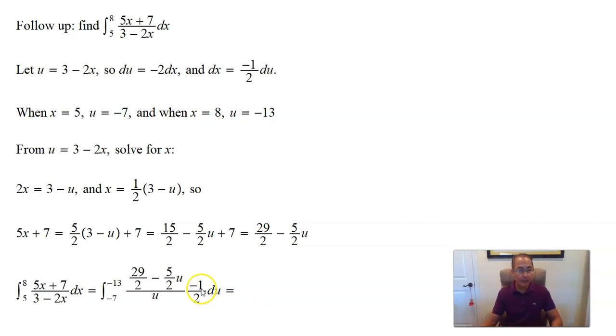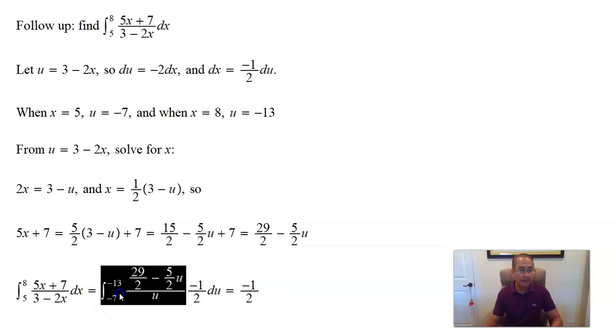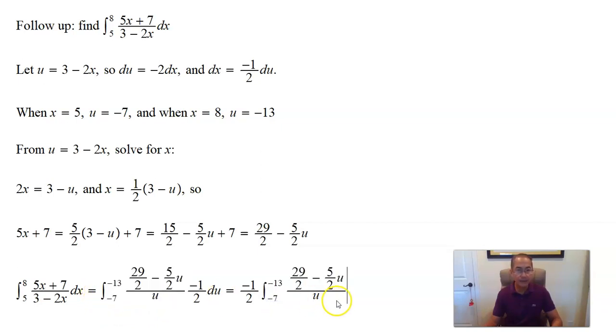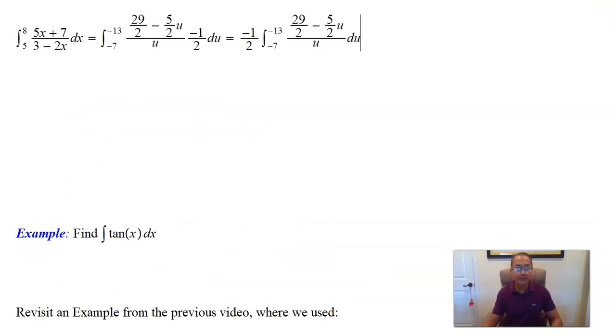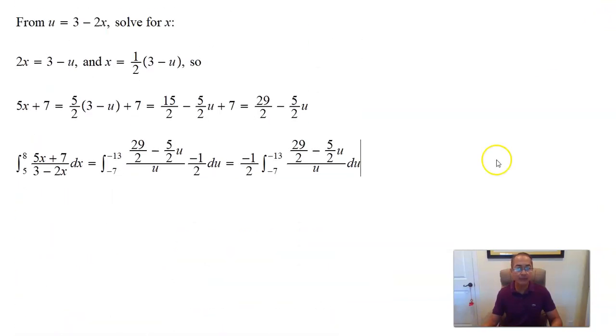Now, again, we can take the minus 1/2 outside, and we will have this du. But before we can integrate that, whoops, that's our next problem. Before we can integrate that, we will need to expand.